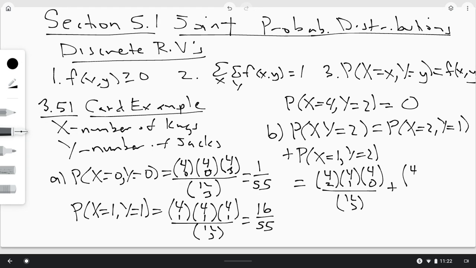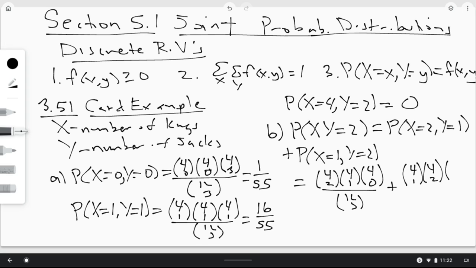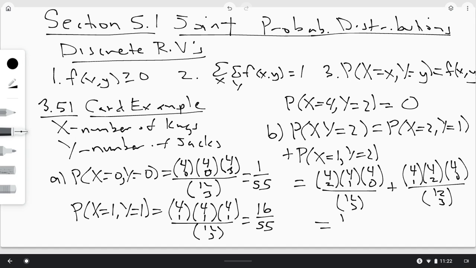So 4 choose 1, 4 choose 2. And so that means 0 for the queens. And if I calculate that, if I did that correctly, I get 12 over 55.